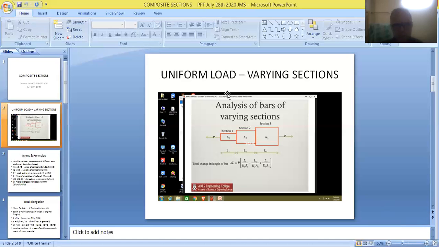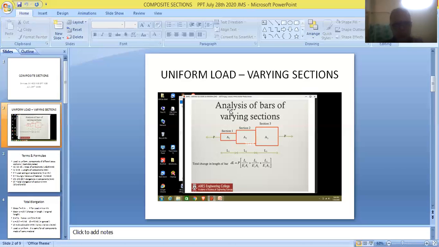The name itself implies the load acting on the entire section is one and the same. It is called a uniform load. But the section is made up of components having different diameters, dimensions, or areas of cross section, so they are called varying sections.